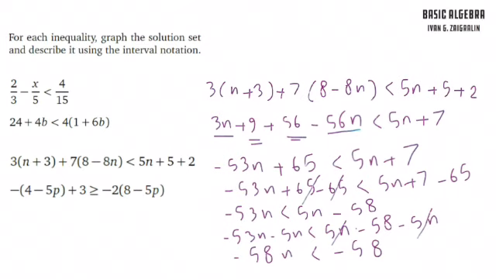And here we divide each side by negative 58, and the inequality sign is reversed.